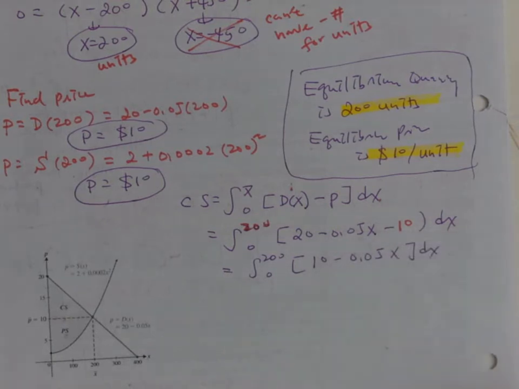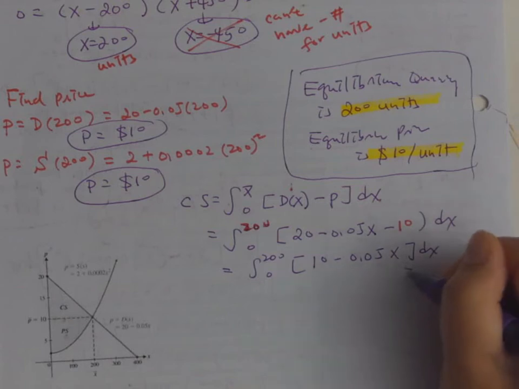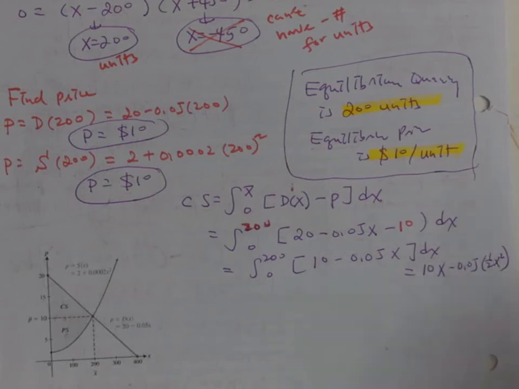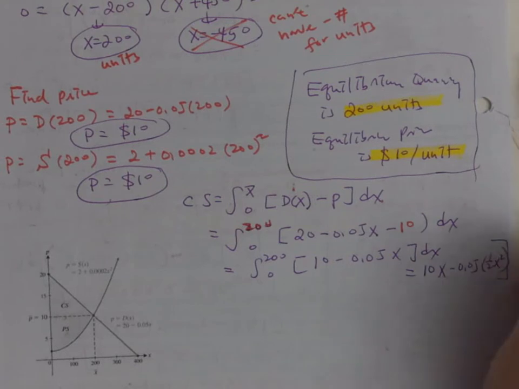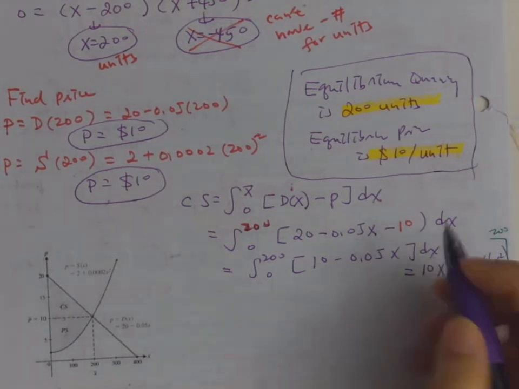So I'm ready to take the integral. That will be 10x minus 0.05 times 1/2 x squared, and then the whole thing we plug in 200 and 0.